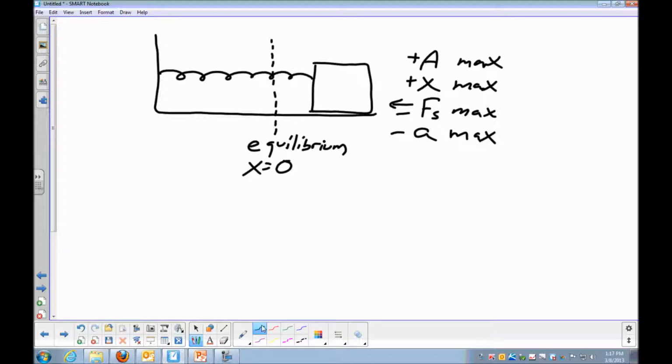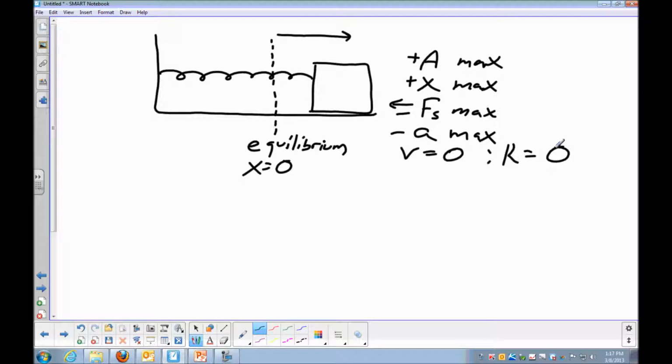Now, whether I'm holding the box out there at rest, or it's actually moving back and forth, when it's out here at its maximum amplitude, for just an instant it is at rest, which means velocity is equal to 0, which means kinetic energy is equal to 0.